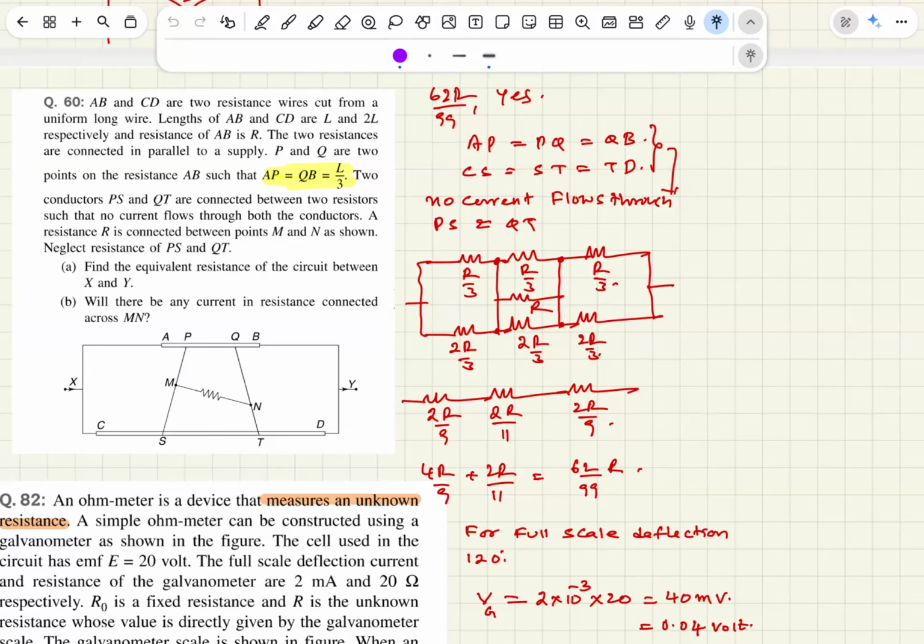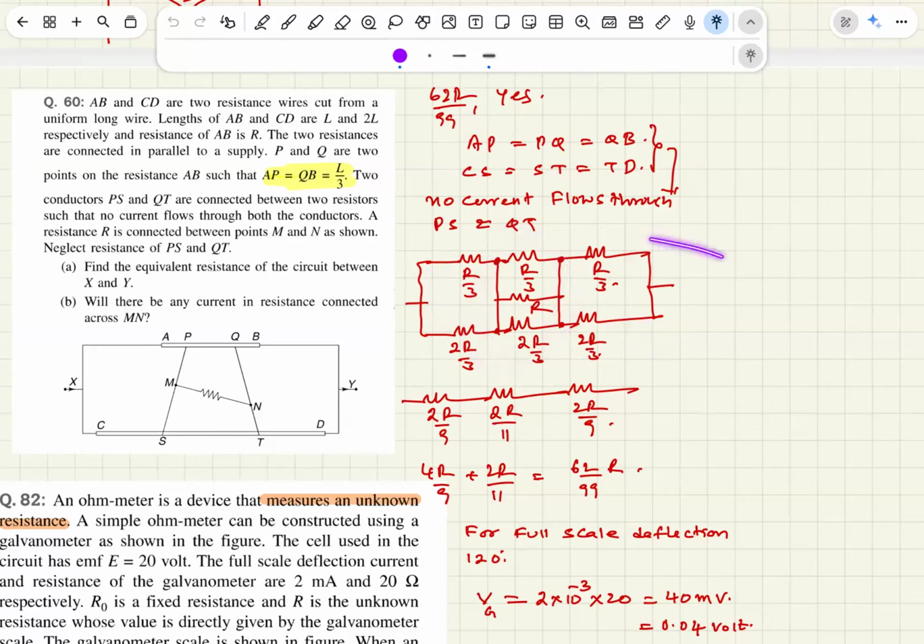Okay, what will happen is current will split. See, I1, I2, I1, I2 only, but each way there is a redistribution. Why? Because you have disturbed the configuration.